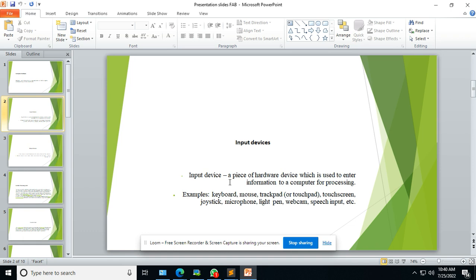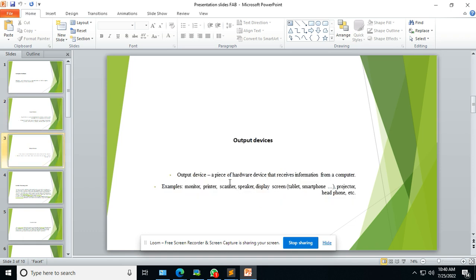One is a keyboard. Another example is the touch screen. Very good. We have the microphone, the speech input, and so on. So we also have the output device.